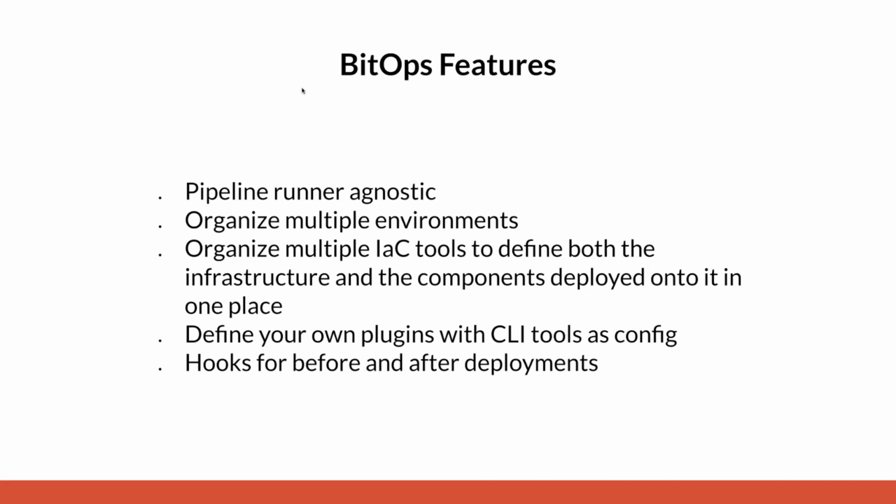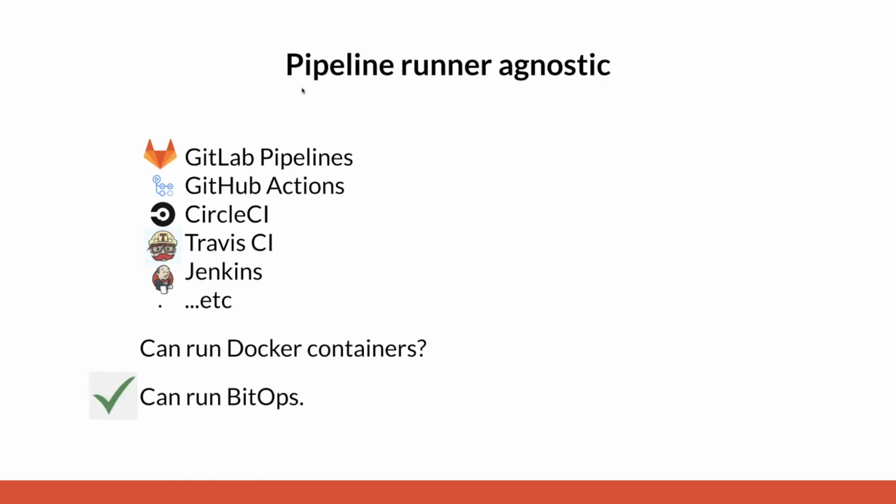Literally any tool that can be run on the command line, BitOps can be upgraded to handle pretty easily. Like I said, you can define your own plugins with CLI tools as config. And then one of the fun features of BitOps is you have hooks for before and after deployment so that you can set things up or tear things down afterwards.